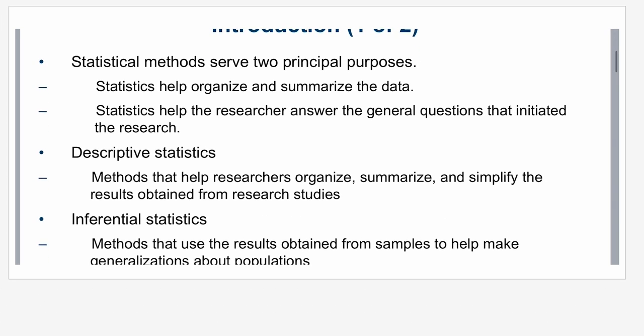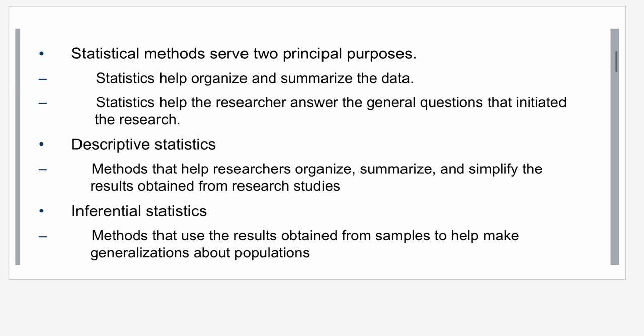Statistical methods have 2 principal purposes. They help us organize and summarize our data, and that's basically just so we can see what happened in our experiment, see what those results are, and communicate those results to others. Statistics also helps the researcher answer the general questions that initiated the research, right?